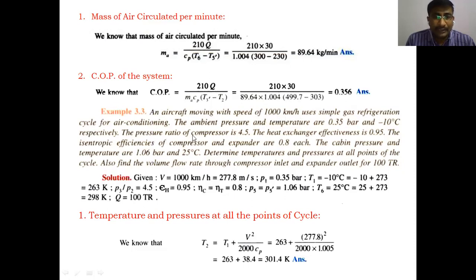The pressure ratio across the compressor is 4.5. The heat exchanger effectiveness is given as 0.95.